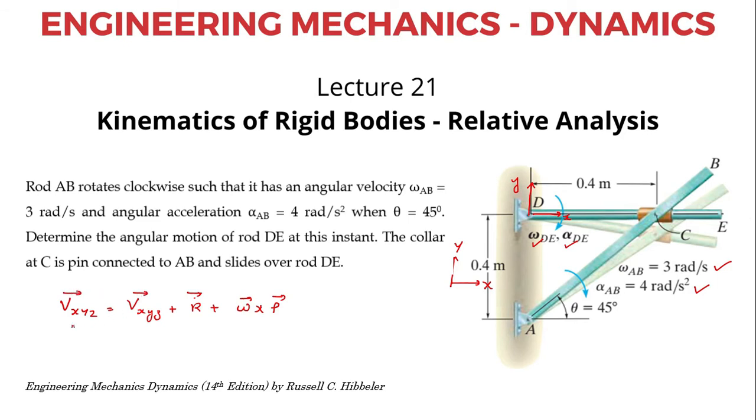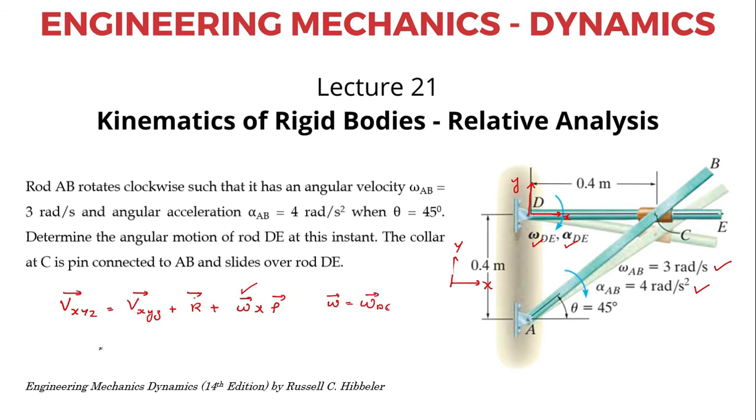So the velocity V capital XYZ is the velocity with respect to the primary frame XY, equal to velocity small xyz, that is velocity with reference to the secondary frame xy, plus r dot vector plus omega cross rho. Here omega means this secondary reference frame xy is rotating with respect to capital XY with an angular velocity omega. So here omega is equal to omega DE.